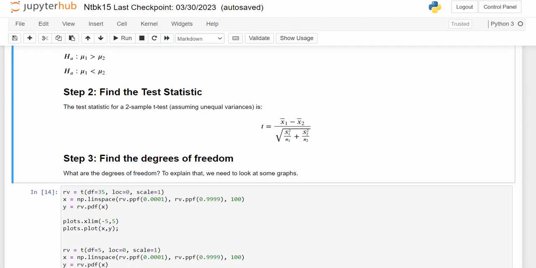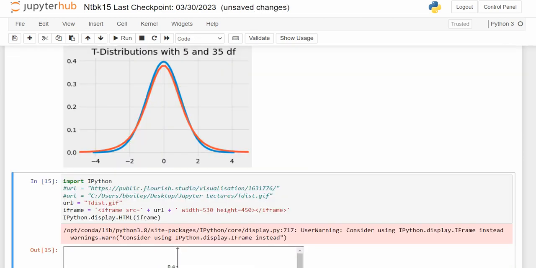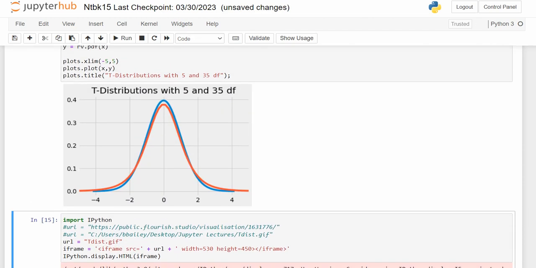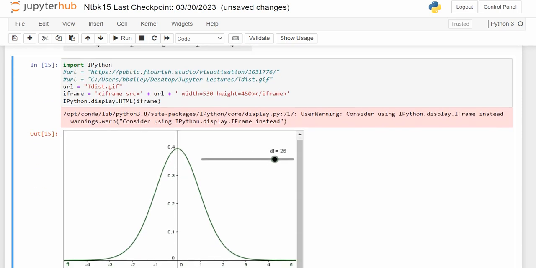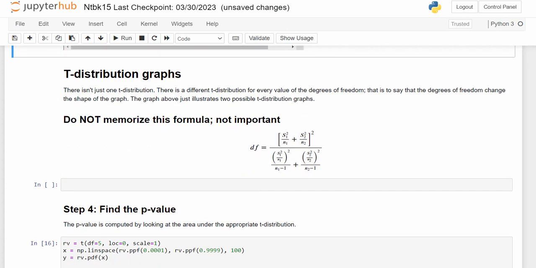And then the degrees of freedom are similar to the one sample case: as the degrees of freedom get higher, the t-distribution gets closer and closer to the bell curve. We can see based on degrees of freedom how the t-distribution is changing.